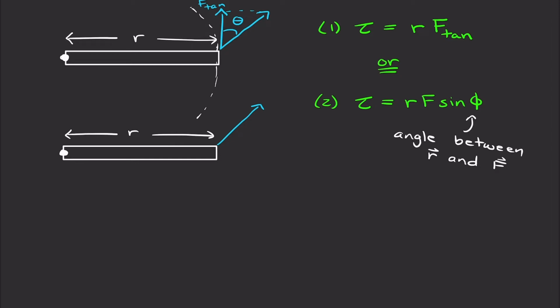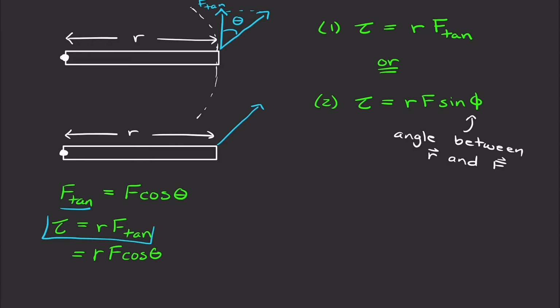So F tangent, the tangent component, is F times cosine of theta. Then tau equals r times F tangent, where F tangent is F cosine theta. So you could find your F tangent and then plug into this formula.